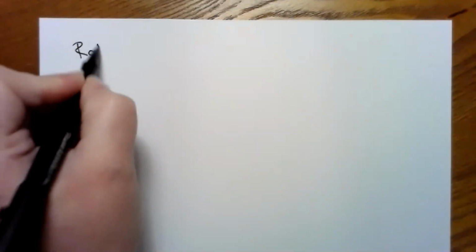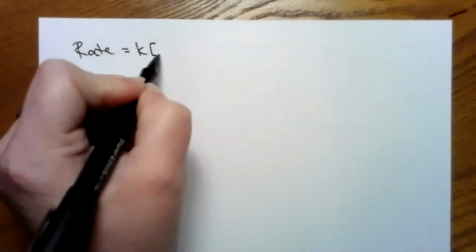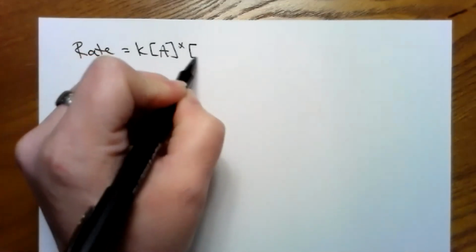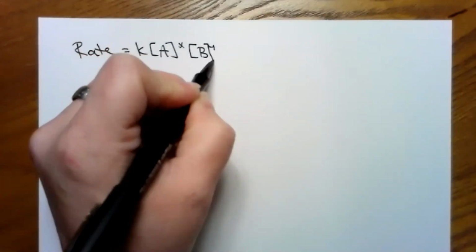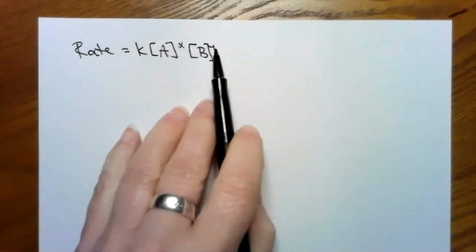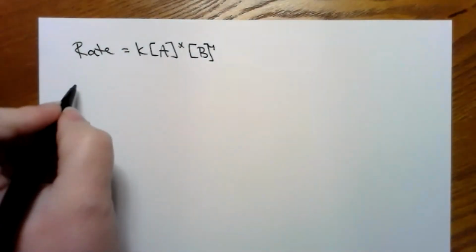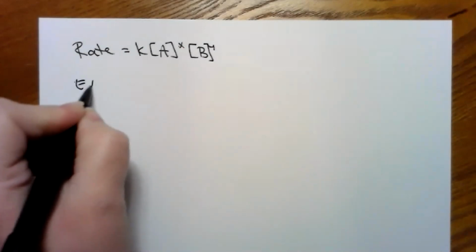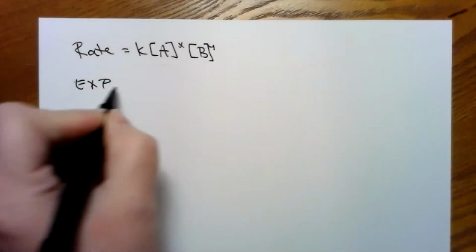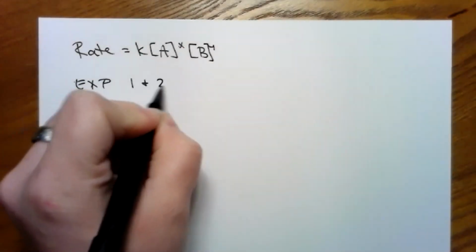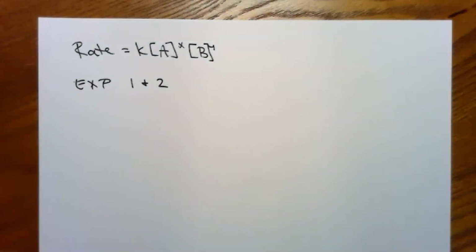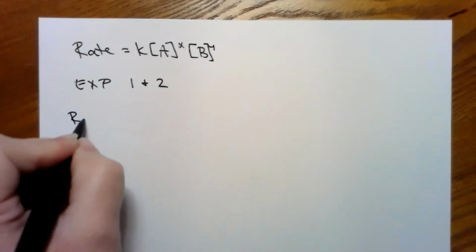So here's the rate law that we just wrote. How in the world do you determine what x and y equal? Well, I said you have to run multiple experiments. So we're going to choose to compare experiment 1 and 2 first. You'll see why as I keep writing.